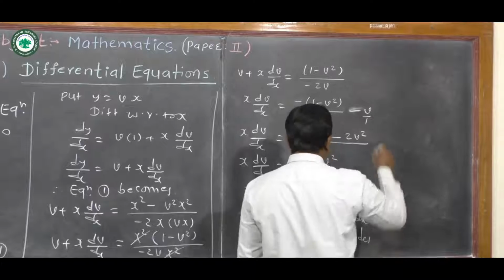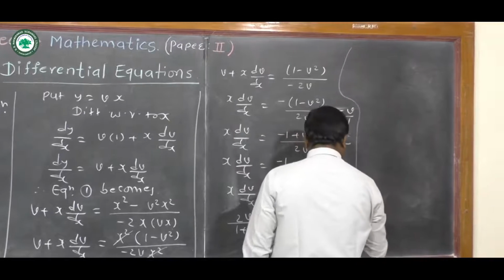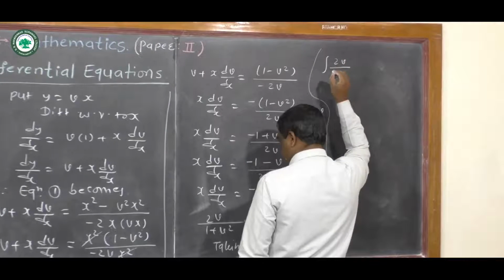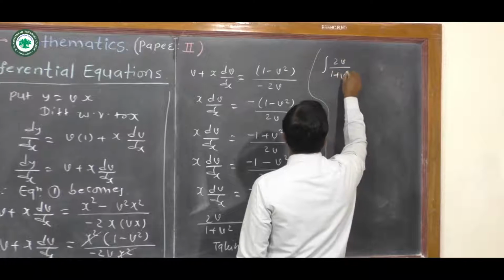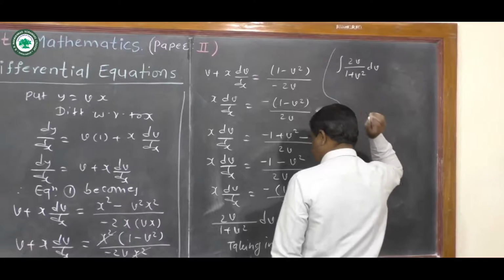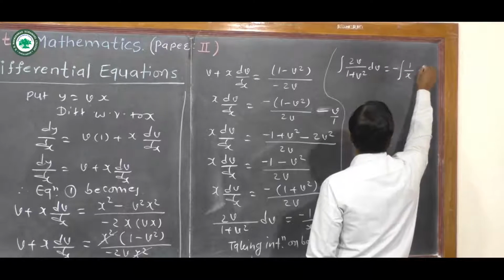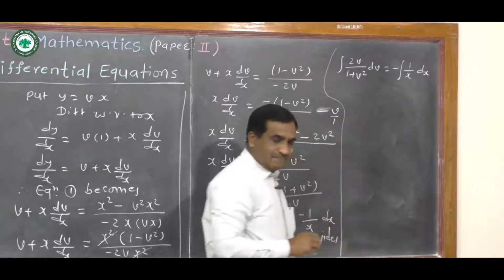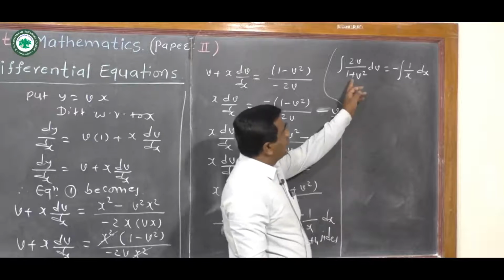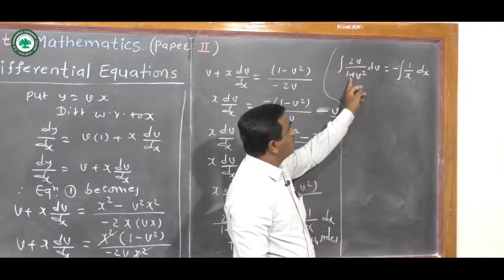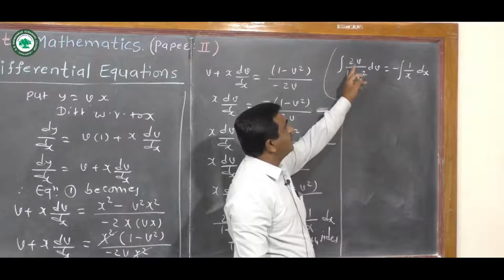you can write here integral of 2v upon 1 plus v square into dv equal to minus integral of 1 upon x into dx. Okay, now here the derivative of the denominator 1 plus v square is at the numerator.